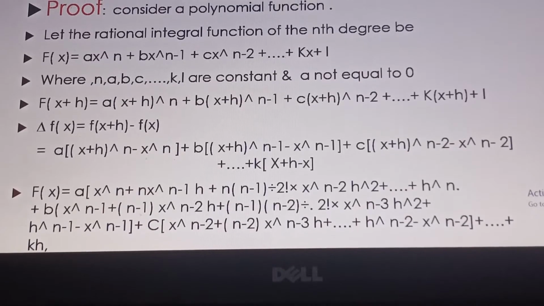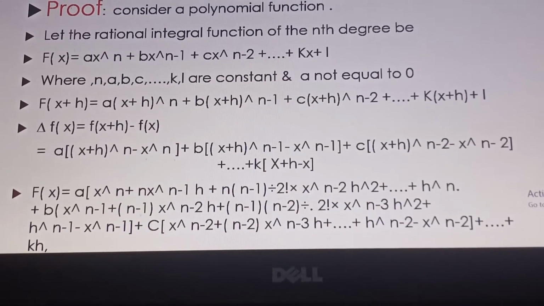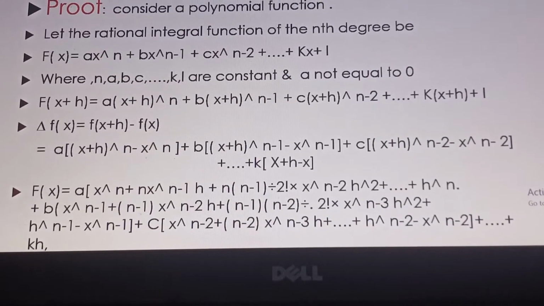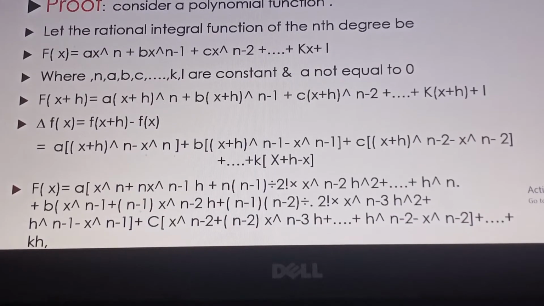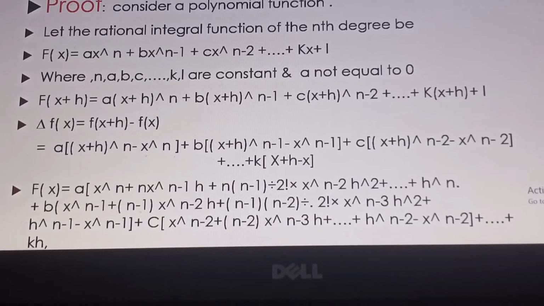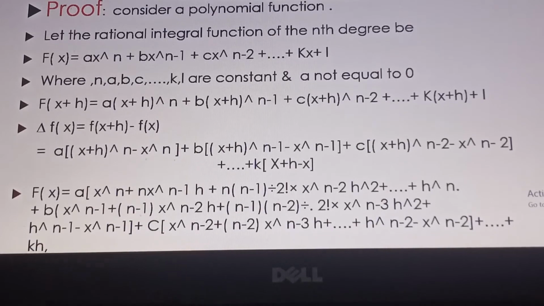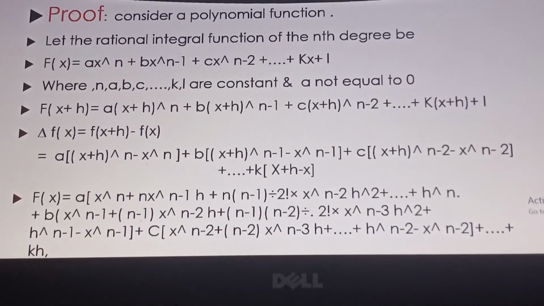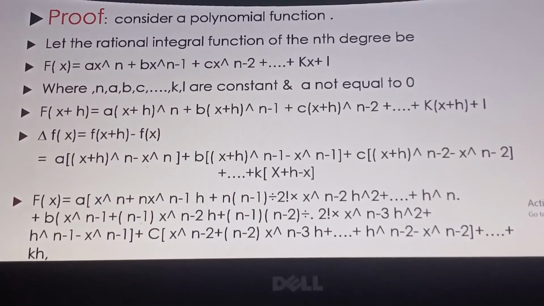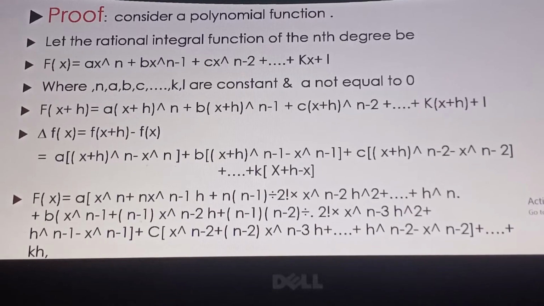Then f of x plus h equals a into x plus h raised to n plus b into x plus h raised to n minus 1 plus c into x plus h raised to n minus 2 plus up to k into x plus h plus l. Delta f of x shows the difference of the second term and the first term.